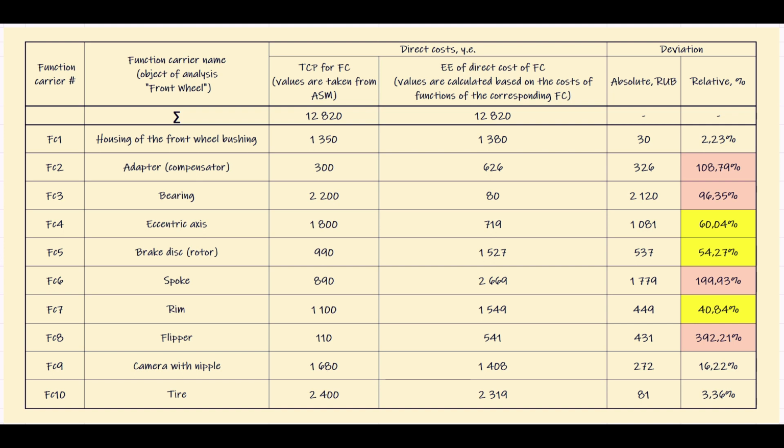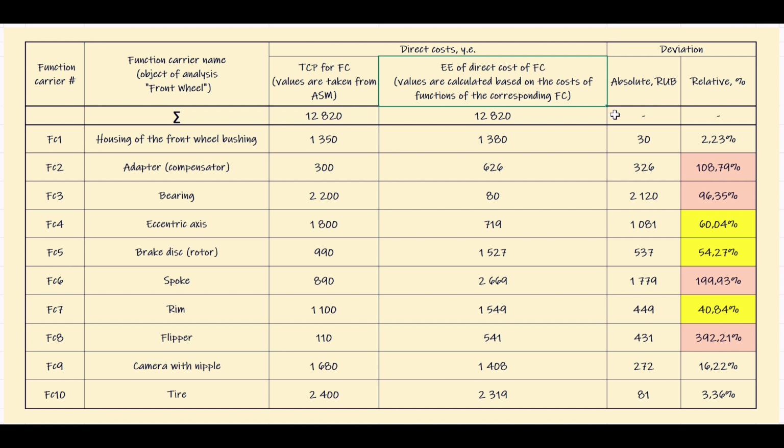In case of forming a table with discrepancies of values from the columns technical commercial proposal for the function carriers, abstract structural model and expert evaluation of direct cost of functions, similar to the one we have already formed for the bicycle, we also encounter unacceptable values of discrepancies that have reasons similar to those outlined below.